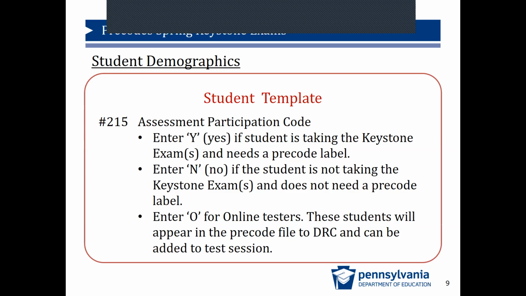For example, if your LEA cannot give the test online and your online tester becomes a paper pencil tester, you can still set up test sessions for the student through the DRC system, since the student will already be uploaded in your file.